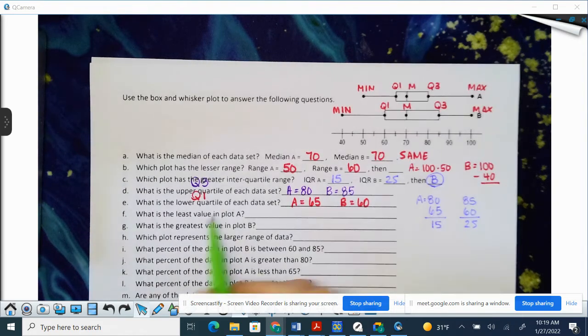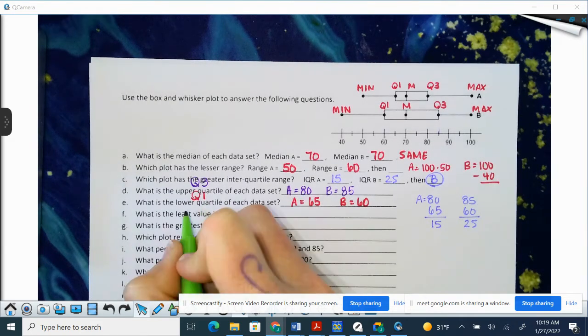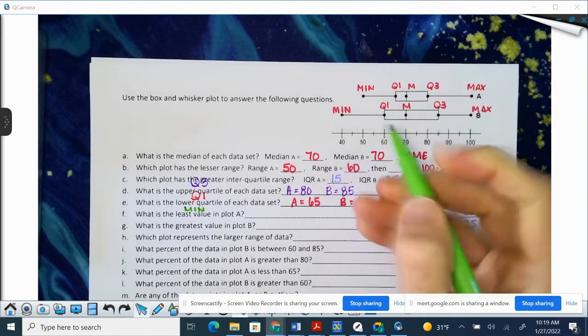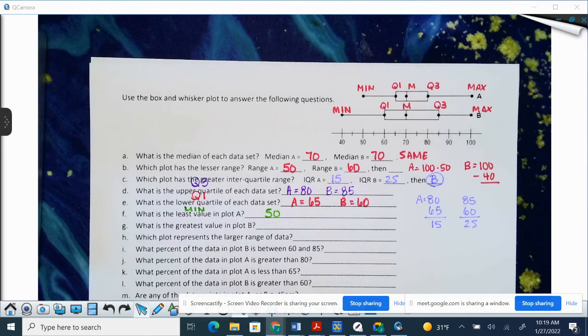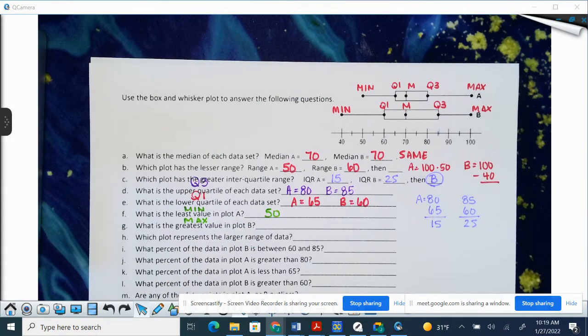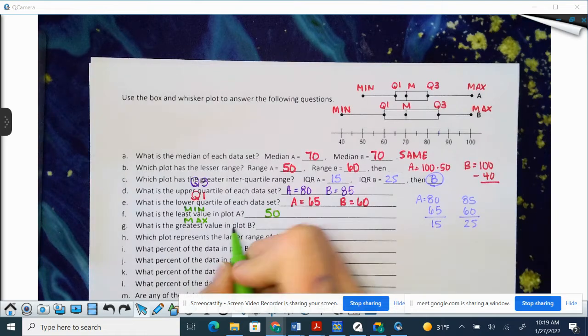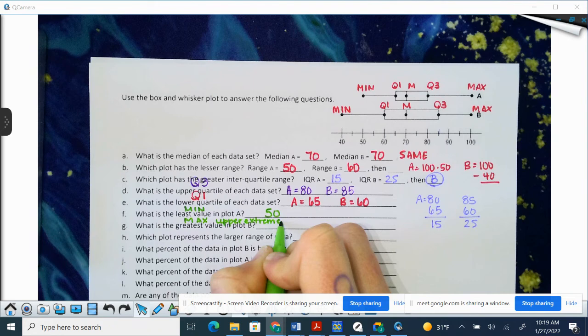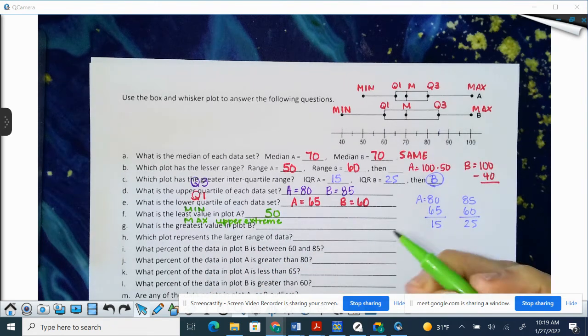What is the least value in plot A? That's going to be your minimum in plot A. It's going to be a 50. What is the greatest value, which is going to be your max or your upper extreme? I'll write that here too, because depending on what program and what teacher you have, these words are all used interchangeably.